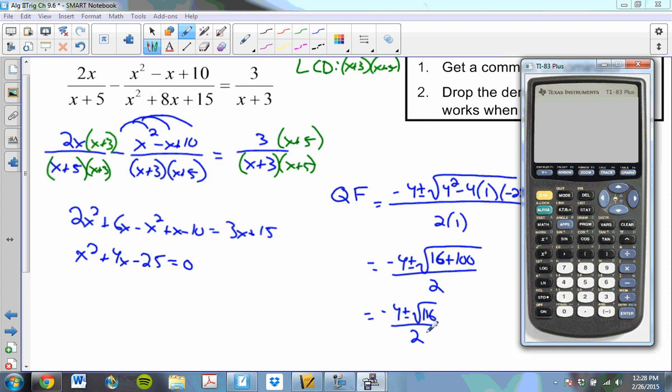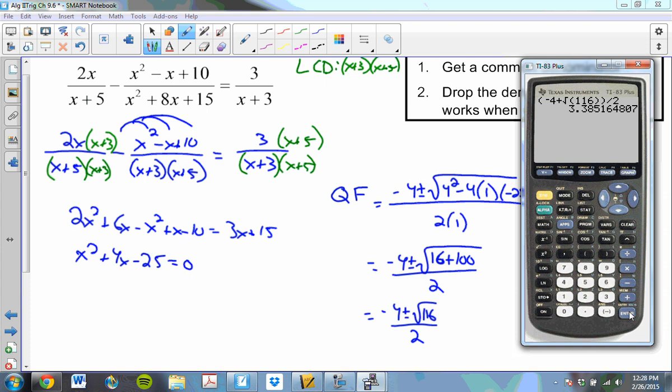If you give me that as an answer, that's probably okay, although 116 can probably simplify. I can probably reduce that radical. So I'll do in parentheses negative 4 plus the square root of 116, double close parenthesis, and divide that by 2.